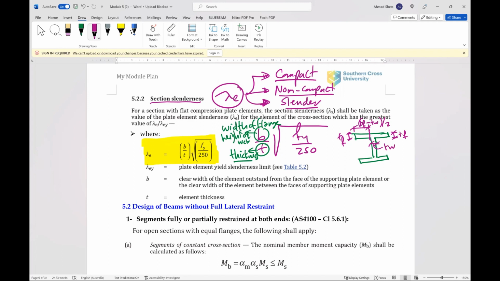For the web, we need this height d. So for the web, d is b for web, and t web is t for web. Using this formula, we can know if the web or flange is compact, non-compact, or slender.